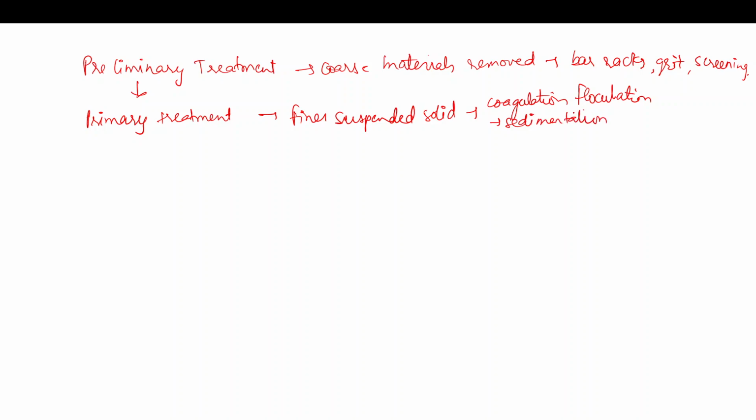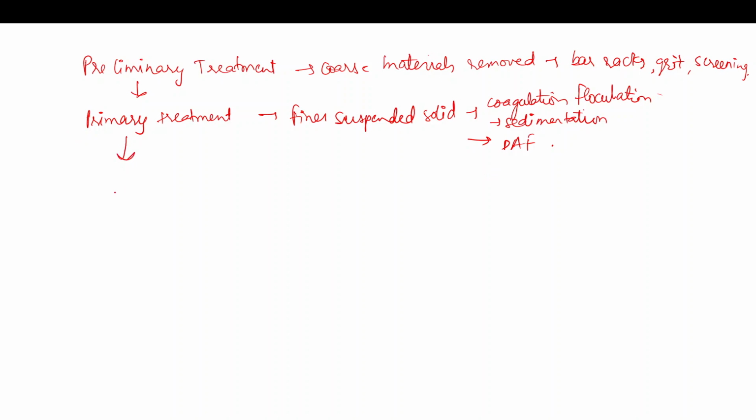Here we try to make the particles bigger so that they are easy to settle, and they are then settled in the sedimentation process. Then we can use dissolved air flotation, where again suspended particles are removed.